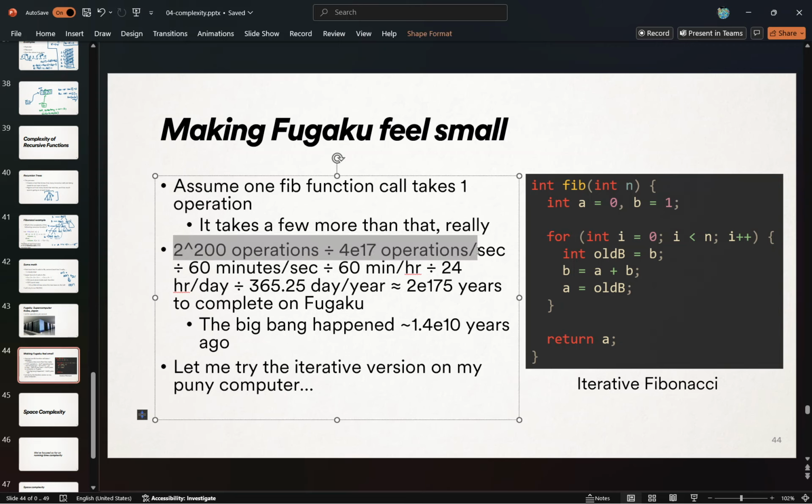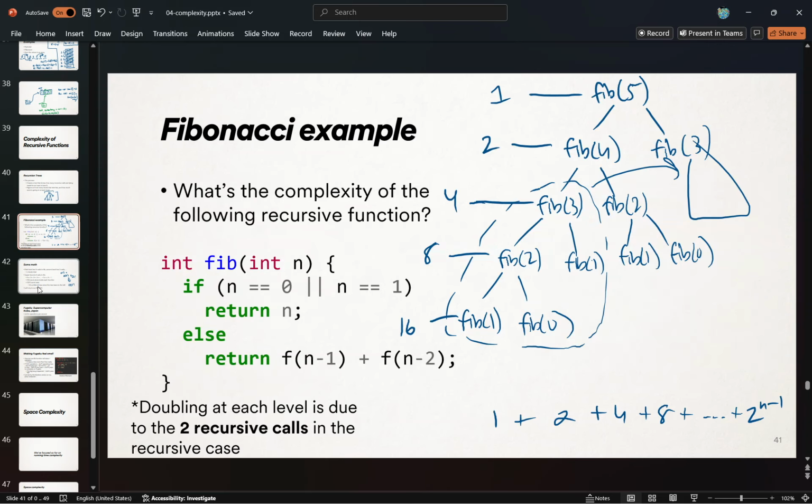It would still take this many years to complete, and the Big Bang happened, scientists say, that many years ago, right? So it would take quite a few Big Bangs amount of time. Disgusting, right? We would all be long gone, and this is a disgustingly slow algorithm, apparently.